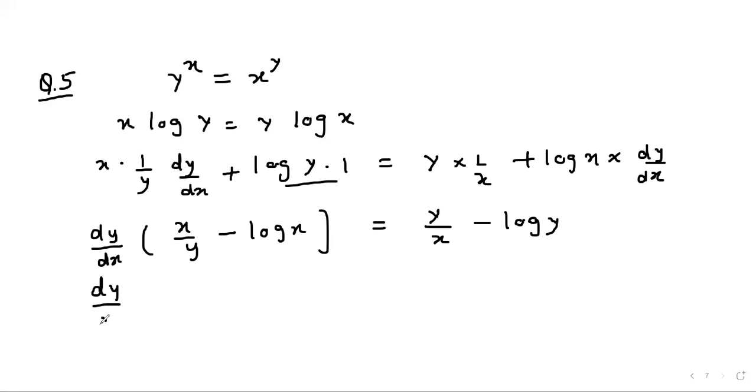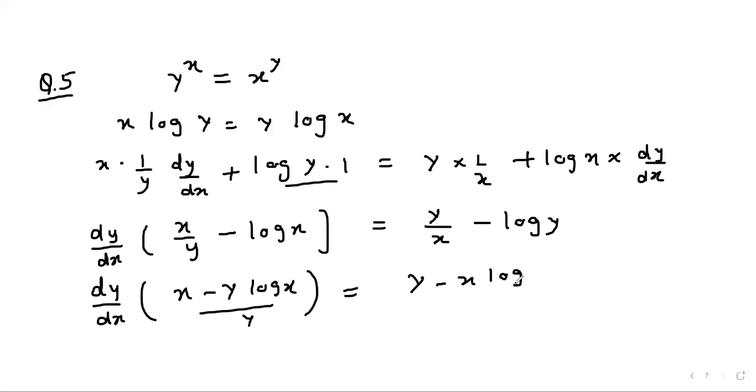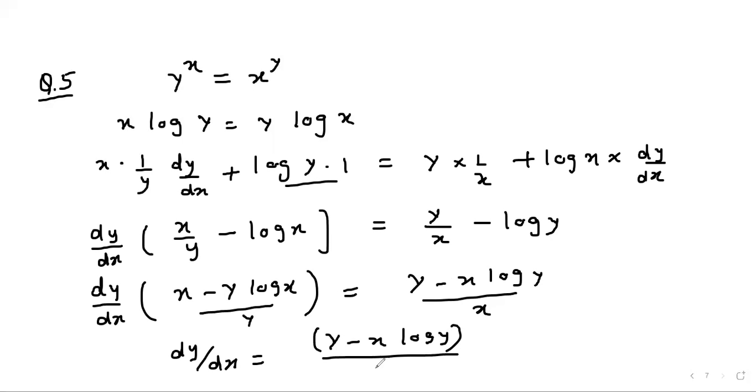So dy by dx times x minus y log x divided by y equal to y minus x log y divided by x, or dy by dx equals y minus x log y divided by x, times y divided by x minus y log x. So this is our answer.